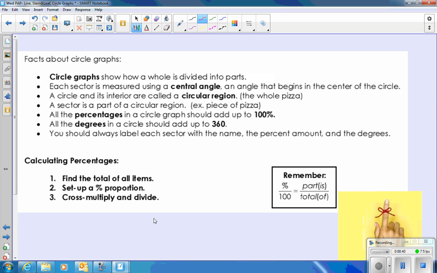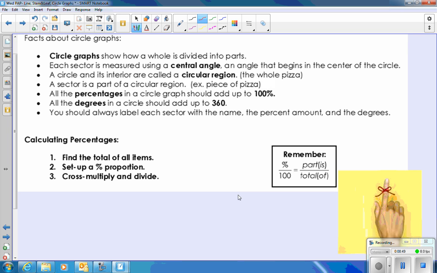The last one we're going to look at today is circle graphs. Circle graphs show how a whole is divided into parts. Each sector is measured using a central angle. So what that means is that we're going to have a circle, and circles always have a center. If you cut that circle into pieces, however you decide to cut it, each of these pieces is what we call a sector.